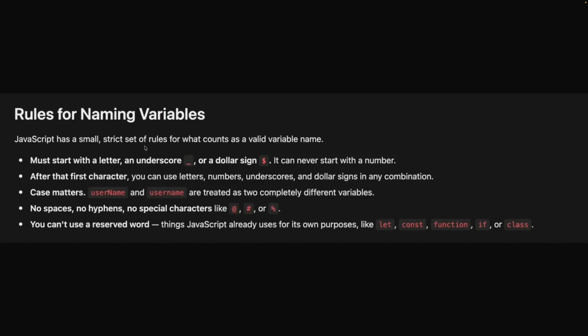Now there are some rules for naming the variable, and JavaScript has a small, strict set of rules for what counts as a valid variable name. So the first one is that it must start with a letter or an underscore or a $ sign. It can never start with a number. So for example, if I say let 123a is equal to a value, you can see we are getting an error.